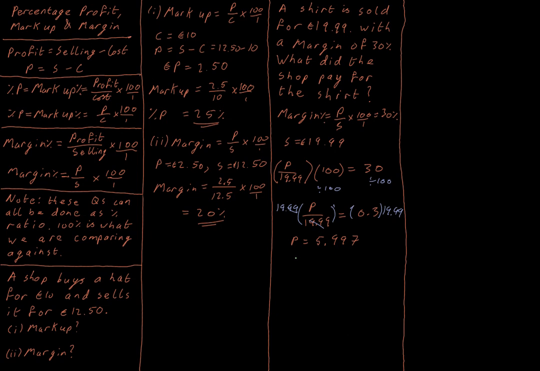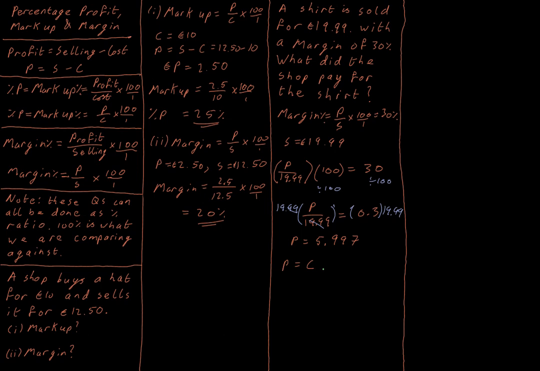And we'll keep those decimals in the middle of a question. At the end, we wouldn't give that answer because we know that we should only go to 2 decimal places, particularly with money. But we know that our profit now, we want to get the cost price.